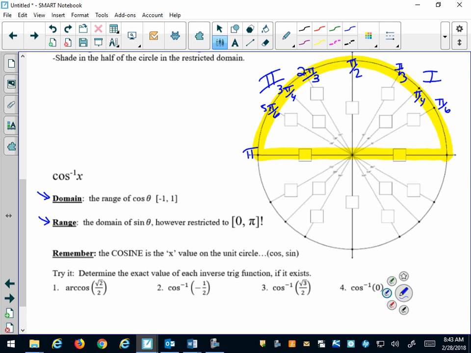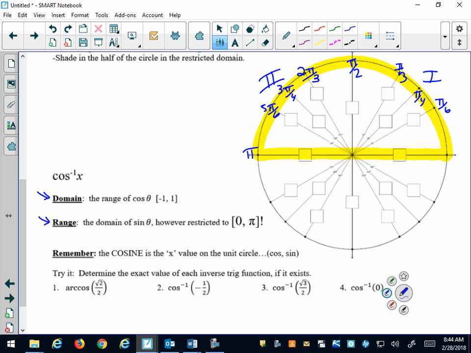So therefore, remember, with any inverses we talked about, all the x values and the y values switch places. So the domain of the original function becomes the range of the inverse function, and the range of the original function becomes the domain of the inverse function.